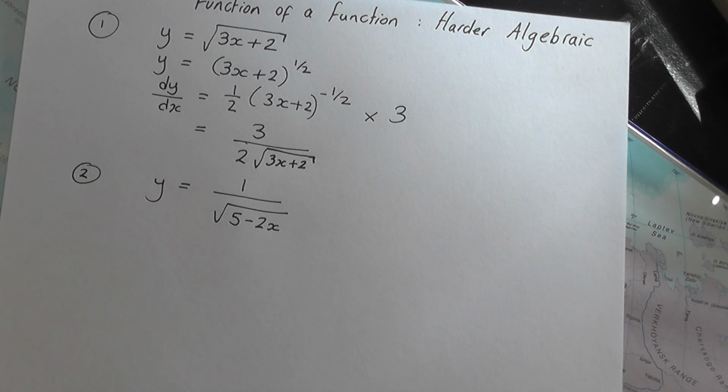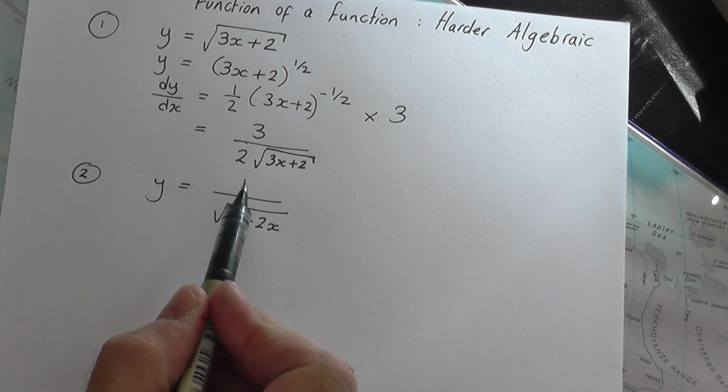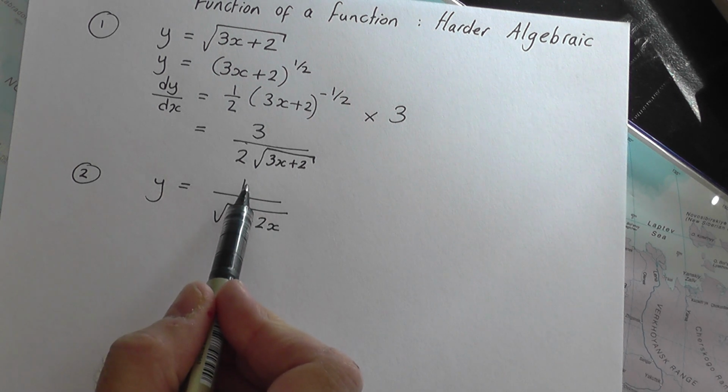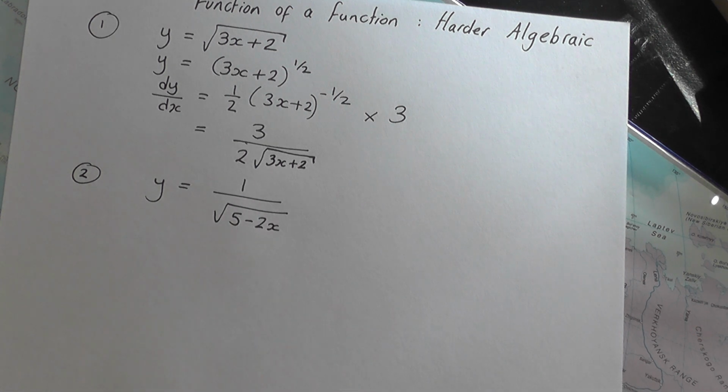Now it's perfectly true to say that if you do it correctly, the quotient rule will give you the correct answer. However, you don't need the quotient rule, because the way to spot it is if there is just a number on the top, you do not need to use the quotient rule. If there were x's on the top and x's on the bottom, you would use the quotient rule. But there's no need here.